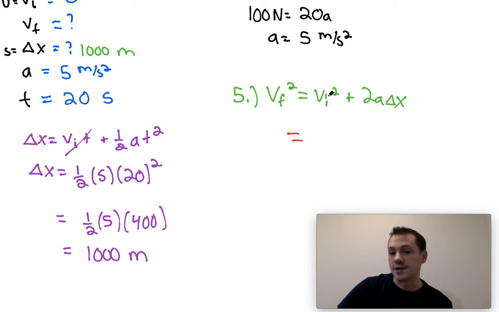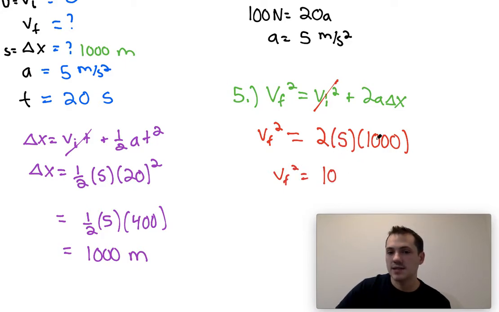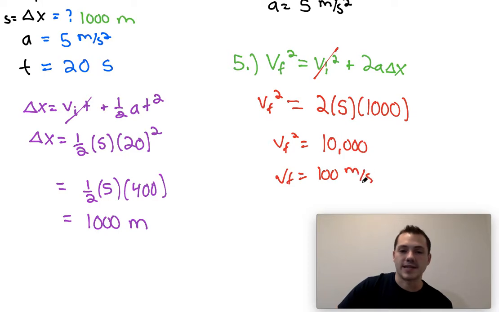V initial is again 0, so fortunately this term just crosses off. 2 times 5 times 1,000, and this would be V final squared. So V final squared equals 10 times 1,000, which is going to be 10,000, and then we square root both sides, and we would find that our final velocity is 100 meters per second.